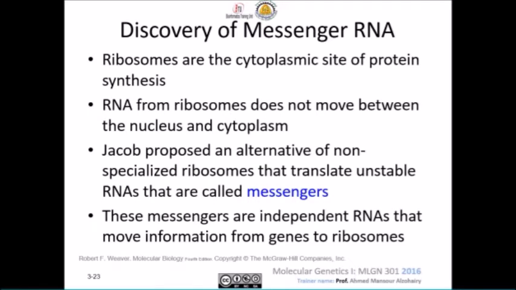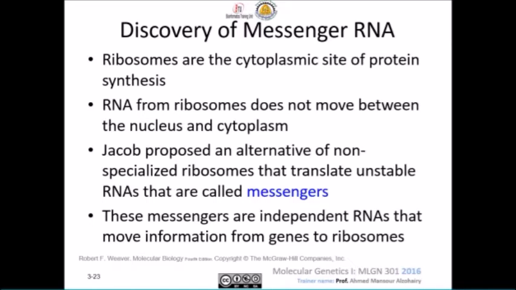Ribosomes are the cytoplasmic site of protein synthesis, and the RNA from ribosomes does not move between the nucleus and cytoplasm. Jacob proposed an alternative of non-specialized ribosomes that translate unstable RNAs called messengers. These messengers are independent RNAs that move information from genes to ribosomes.